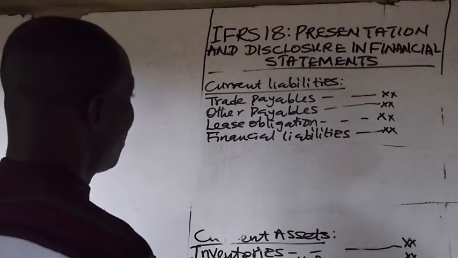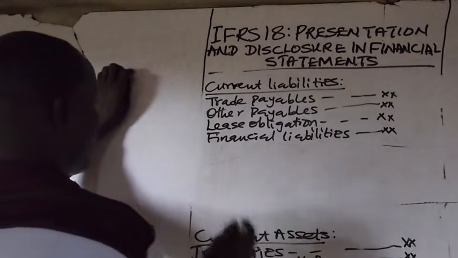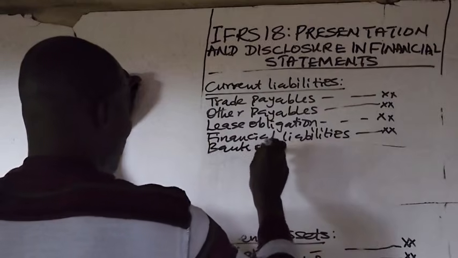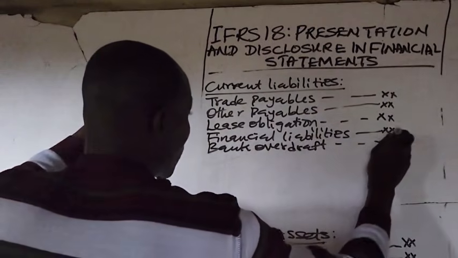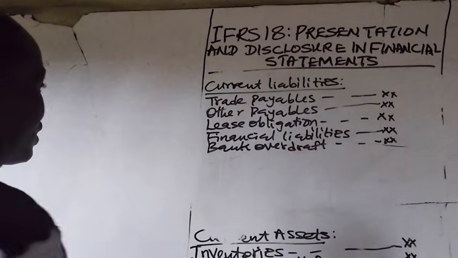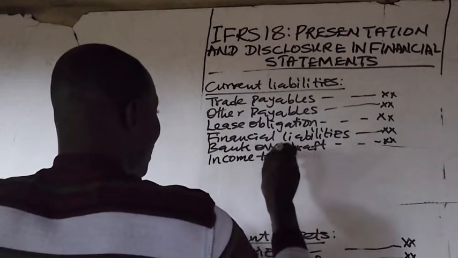So, bank overdraft is part of current liability. So, these are some of the examples. The income tax liabilities.